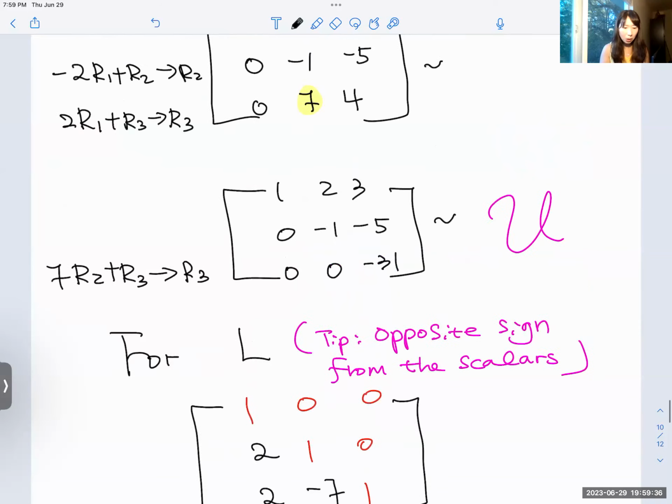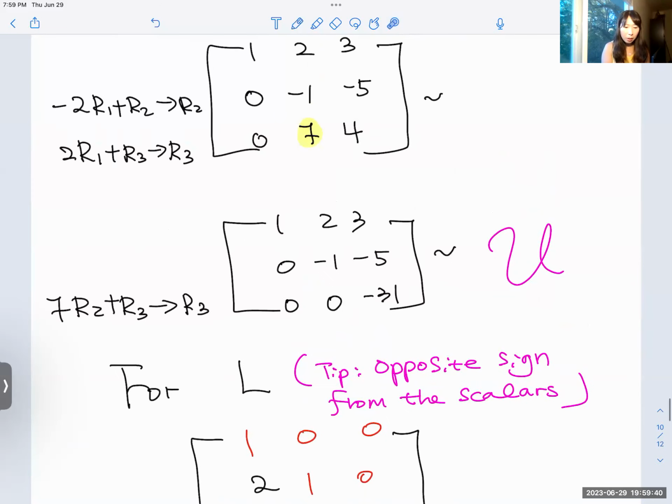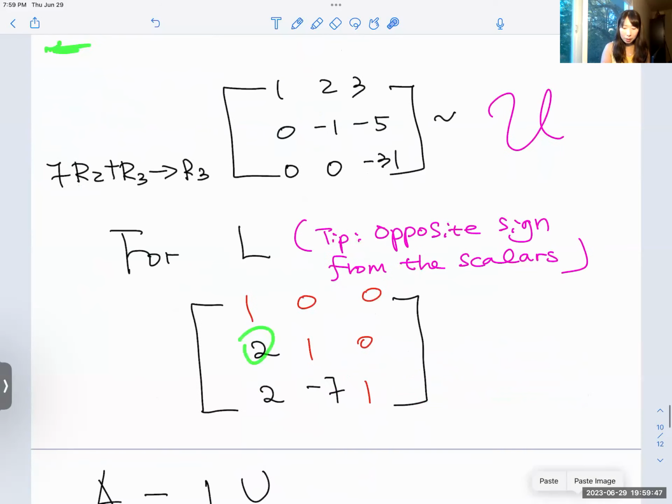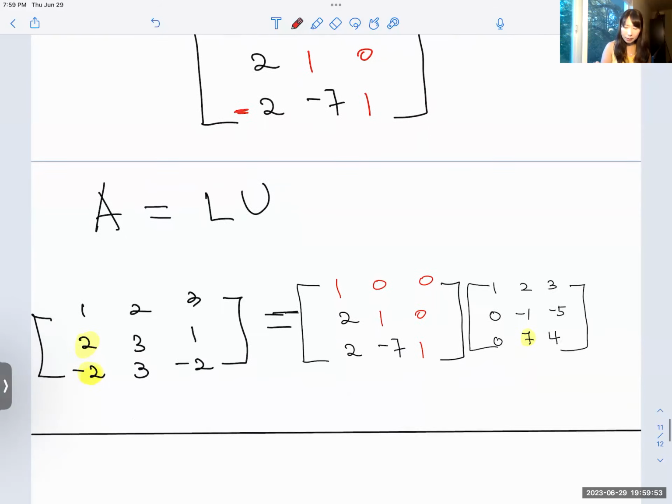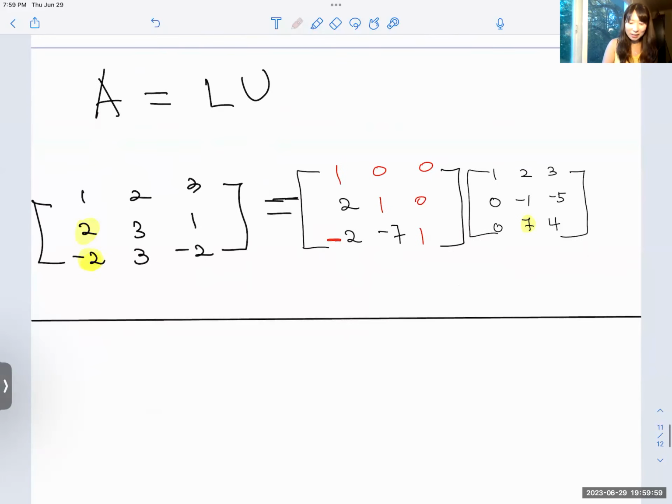Okay, hold on. One is positive, one is negative. Correct. Yes, I remember that. This one is positive, and this one should be negative, right? Yes. Okay, thank you very much. Good job.